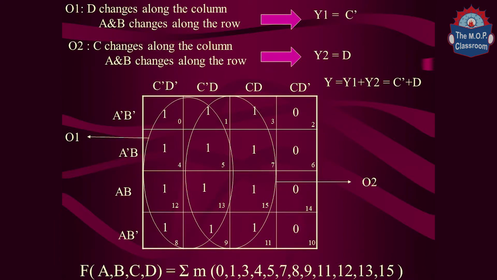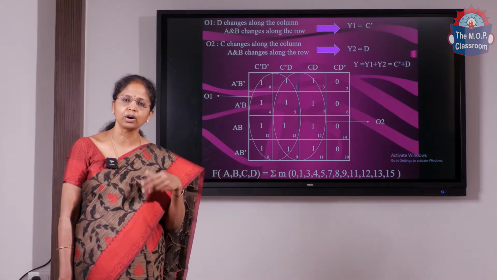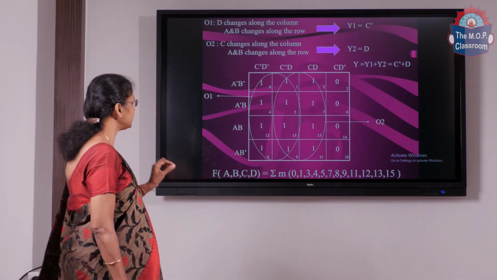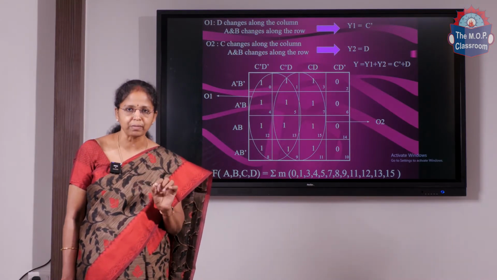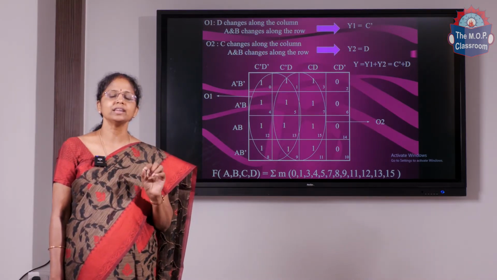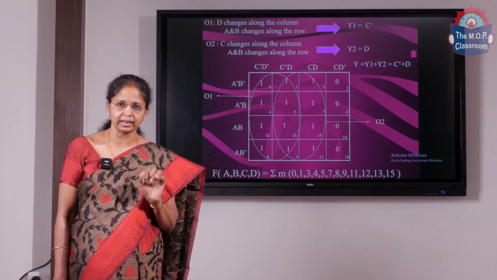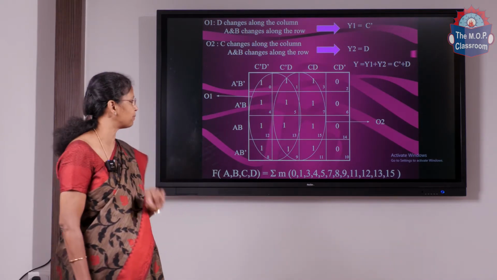So, we have to drop D. Already we have seen, as we move down the rows from 1 to 2, 2 to 3, 3 to 4, both the variables A and B change from complemented to uncomplemented form and vice versa. So, we have to drop both the variables. So, finally, for octet 1, we are left with the variable C prime, which means octet 1 is represented by the variable C prime, y1 is equal to C prime.